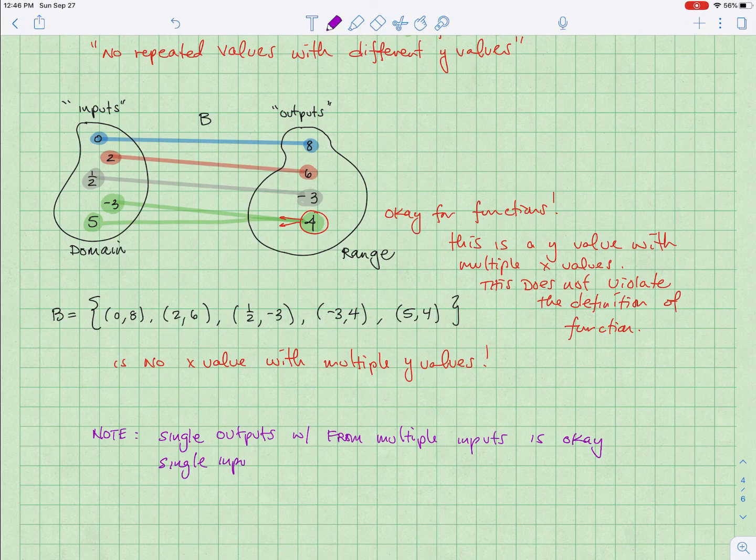Single inputs with multiple outputs is not a function. So, in this particular case, relation B is a function. Okay.